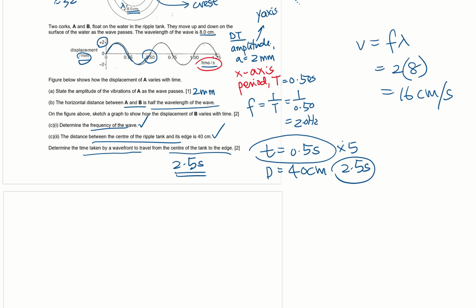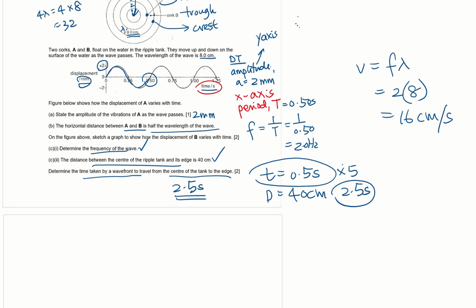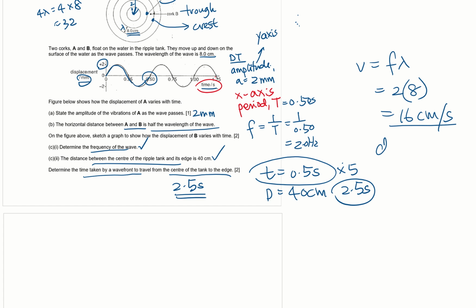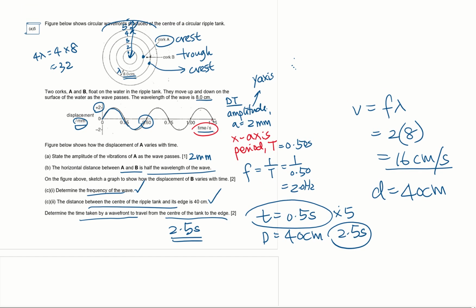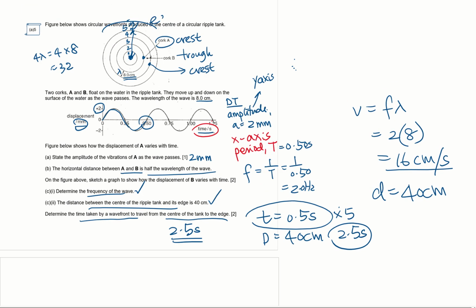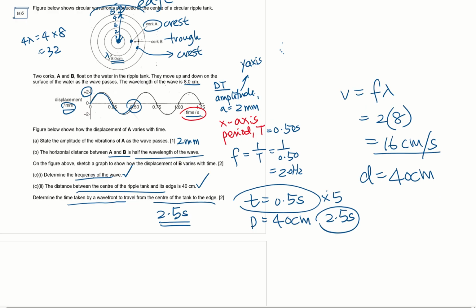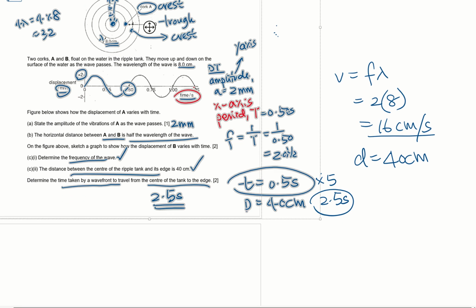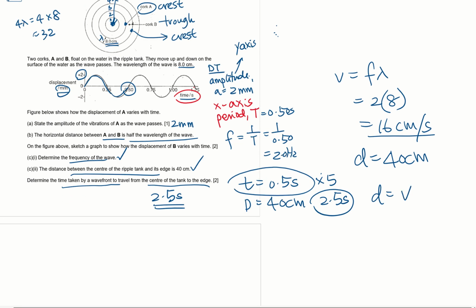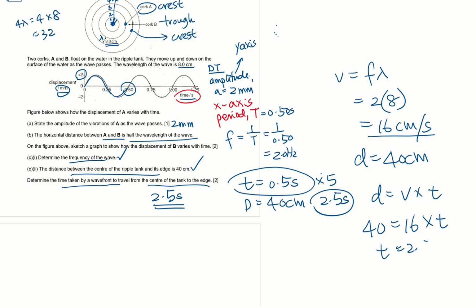Now, to calculate the time taken to travel a distance of 40 cm, because it's going to go from the center of the vibration, which is here, all the way to the edge, I will need to use distance equals speed times time. I have distance 40, the speed is 16, so my time should be 2.5 seconds. Okay, so you can use either method.